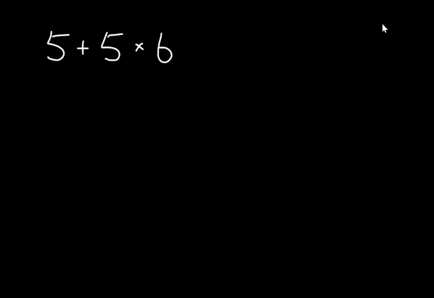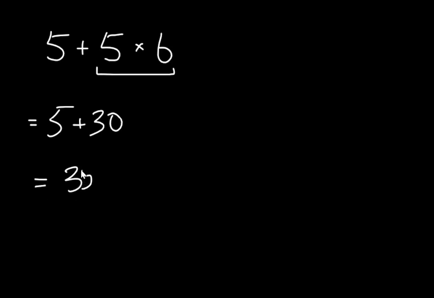No. Are there exponents? No. Is there multiplication or division? Yes, we do that first. 30. Any more? No. Now, addition and subtraction. You add that and you get 35. If you were not to follow the rules, you might have gotten 60.